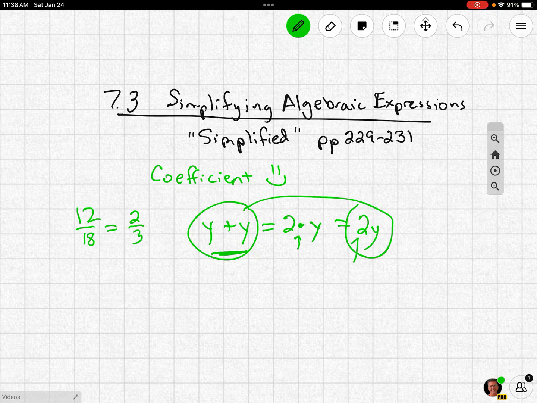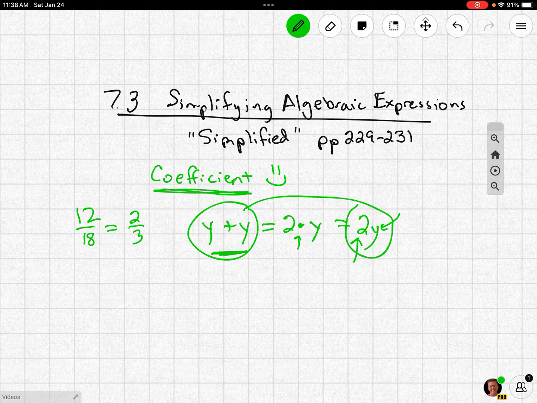This number that's next to the y is called the coefficient. You're learning a new word here. So the y is the variable. The letter is called the variable because that y changes. Something that varies changes. And the y can change from algebraic expression to algebraic expression.